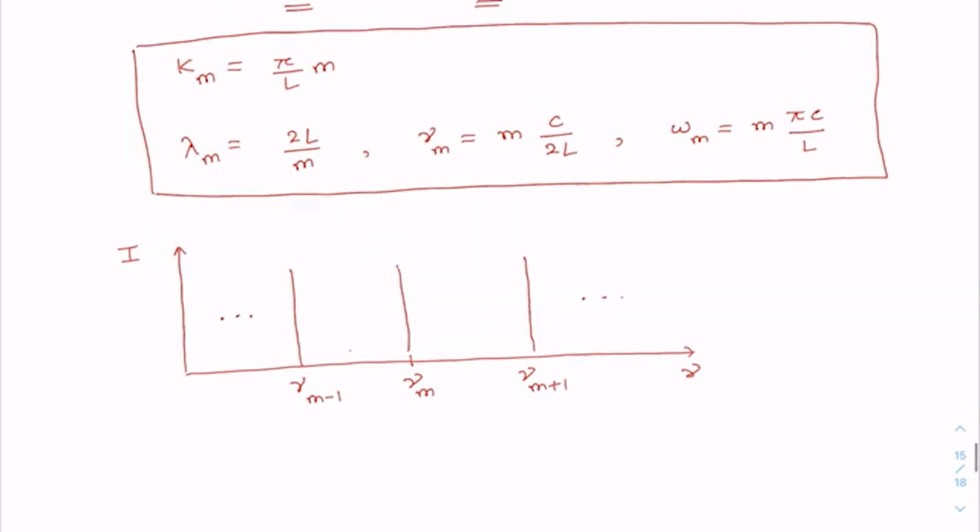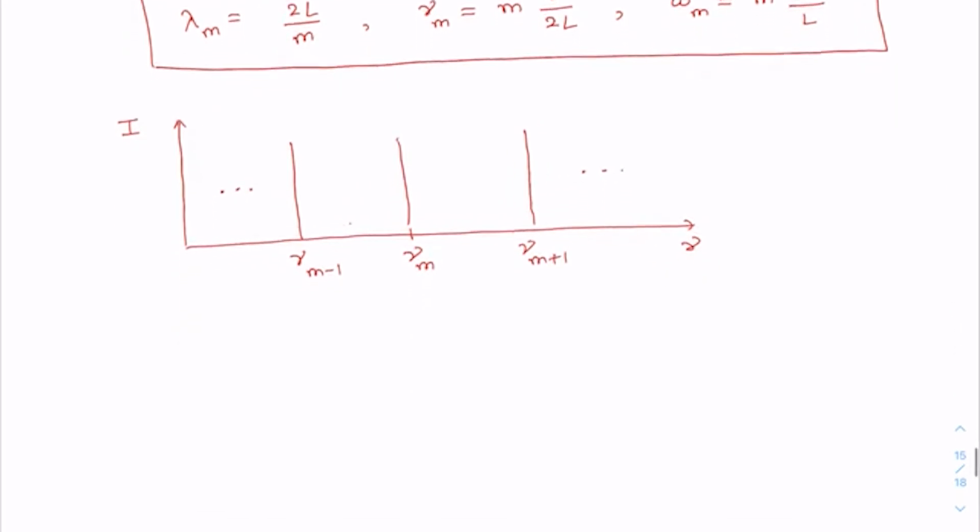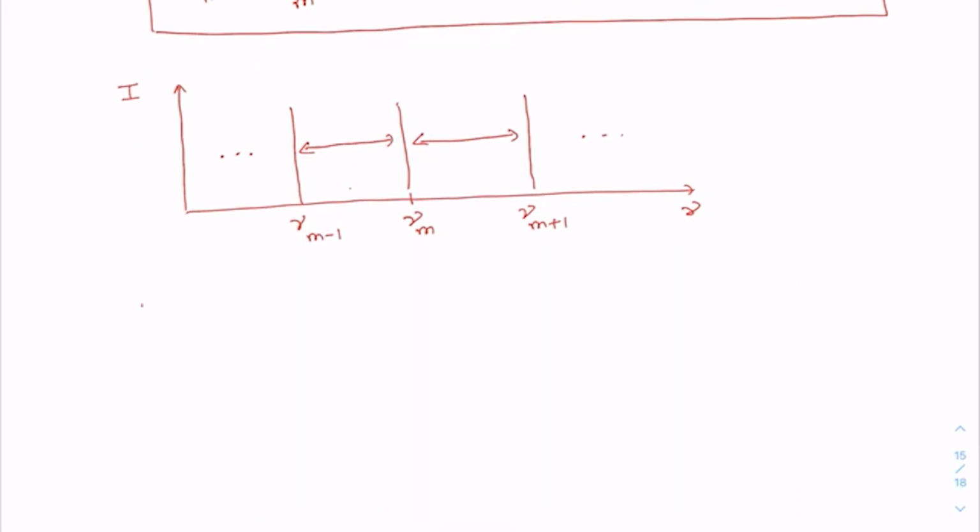Now there's a very important quantity, the frequency spacing between these peaks. This frequency spacing is called the free spectral range, or FSR.